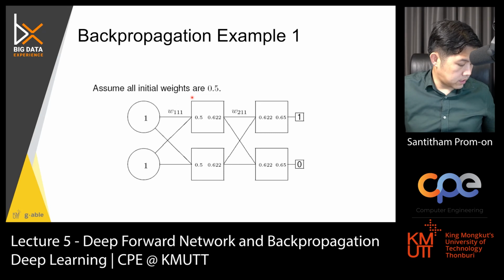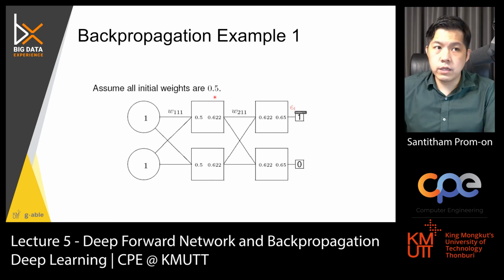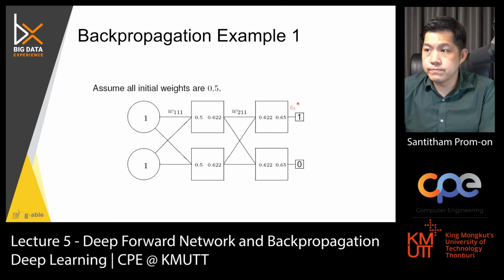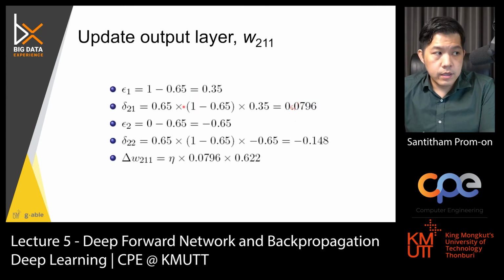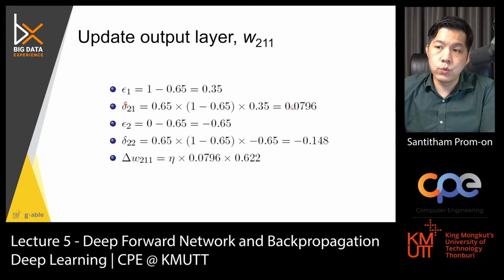Let's change color. This is epsilon 1. So epsilon 1 is here, then the delta 21. The delta 21 is the one that we will use to calculate the update. The output is 0.65, and 1 minus 0.65 is 0.35.